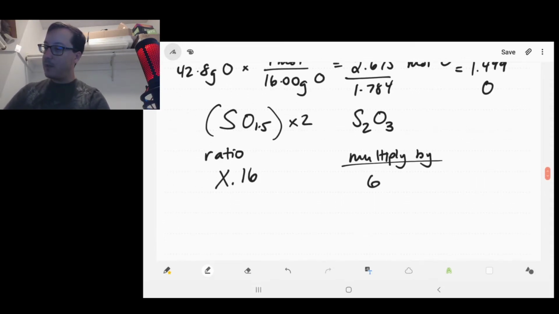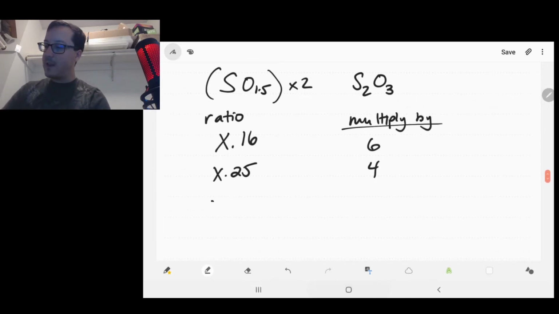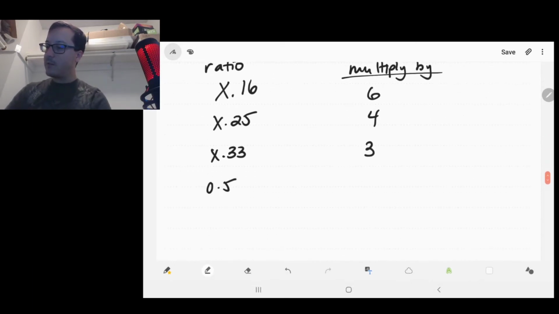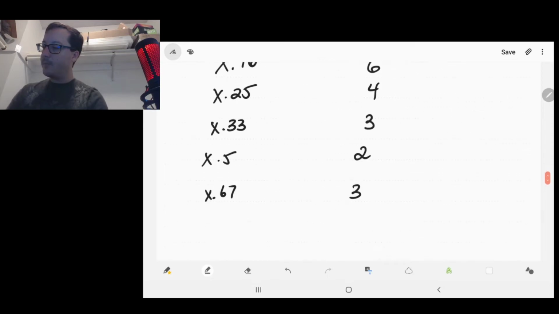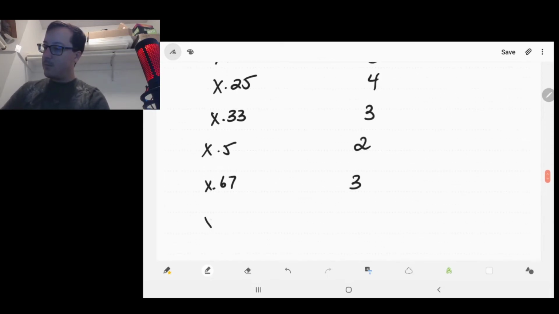If you have something that is 0.25, you'll multiply by 4, of course. If you have something that ends with 0.33, you'll multiply by 3. If you get to 0.5, you'll multiply by 2. If you get 0.67, you'll multiply by 3 again. 0.75, you'll multiply by 4.